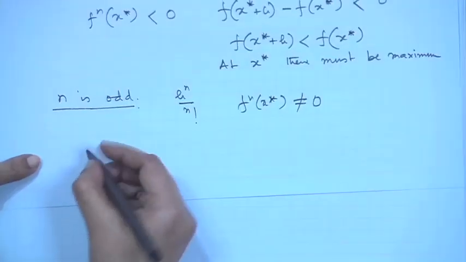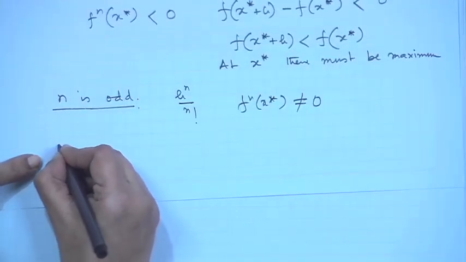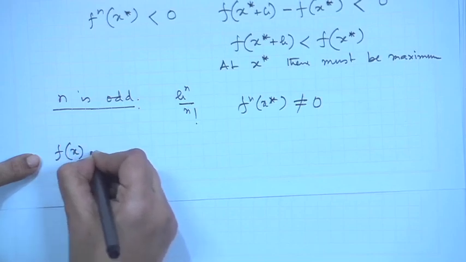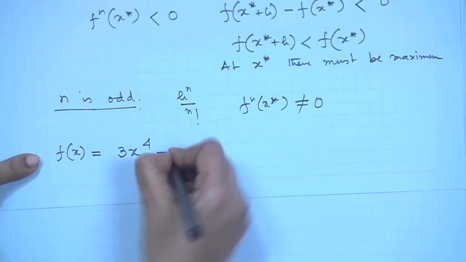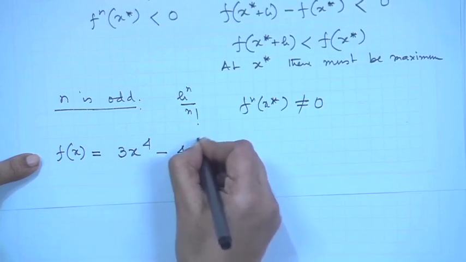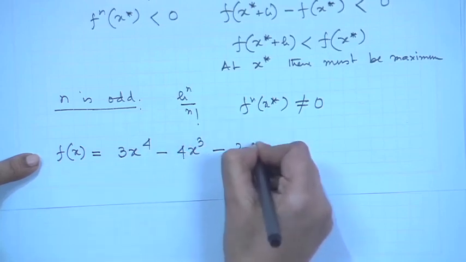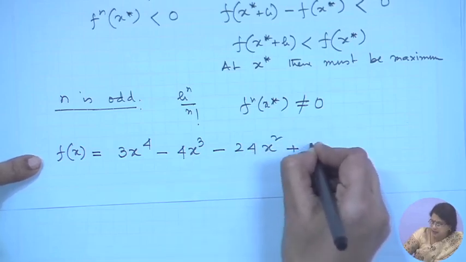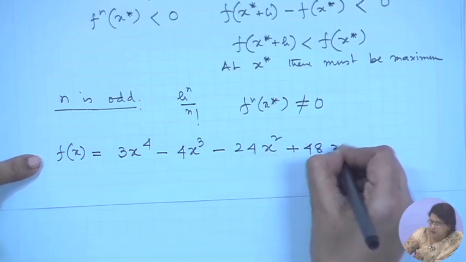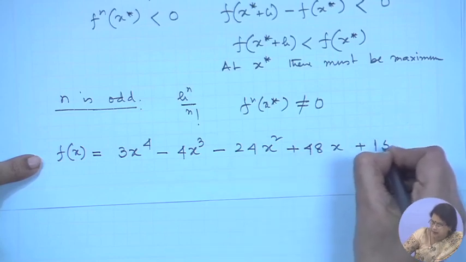Now, this is the task of yours for the next class. Find out the minimum or maximum, whatever is there, for this function. Otherwise, I will discuss it in the class. This is nonlinear programming with a single variable.